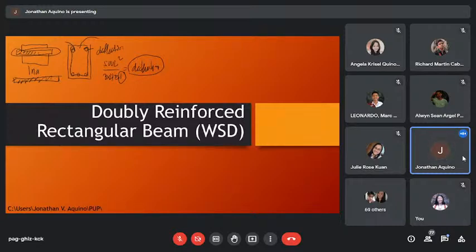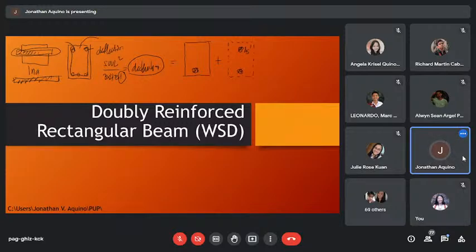Okay. So, the double reinforced rectangular beam is just simply one single reinforced rectangular beam plus a fictitious beam with compression and tension reinforcement. So the compression reinforcement, we can denote this one as AS prime.